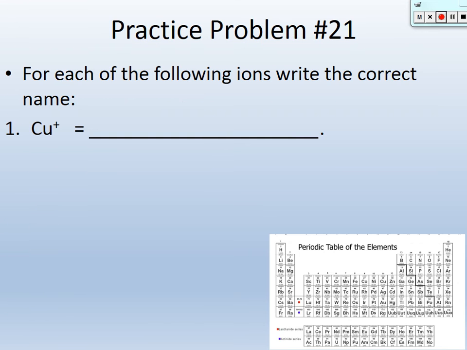All right, so practice problem 21 says, for each of the following ions, write the correct name. Here's how they're different, because now we've got Cu. If you look on the periodic table, Cu is right here. Is it a transition metal? It is. So the way that you're going to name it is a little bit different. Cu, well, we know that's copper.